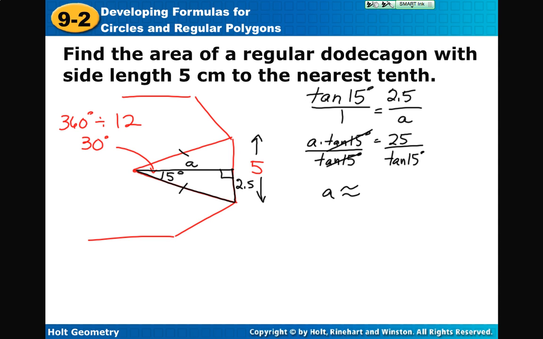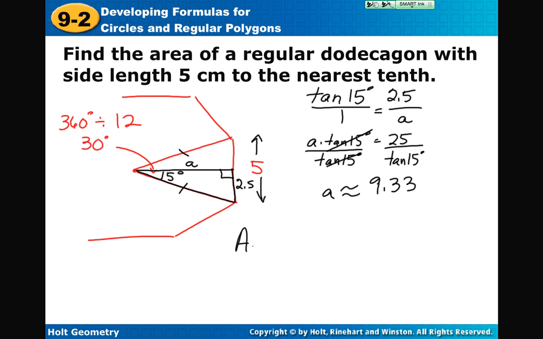What's 25 divided by the tangent of 15? 9.33? That's the apothem. So now you should be able to finish your area.